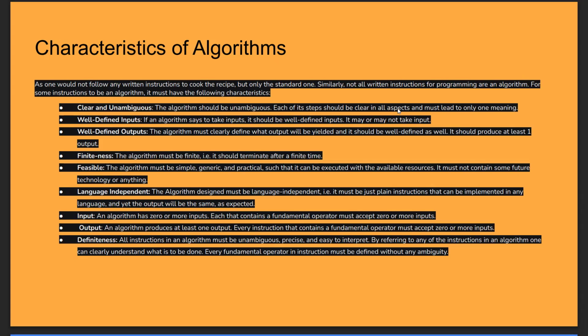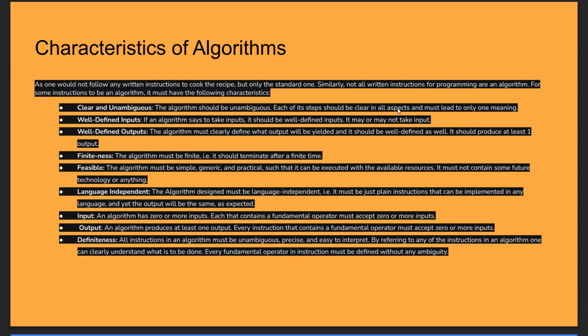It will contain a fundamental operator that must accept zero or more inputs. By having this fundamental operator, it can accept zero or more inputs. Having no inputs also it will accept. Having more inputs also it will be accepted.